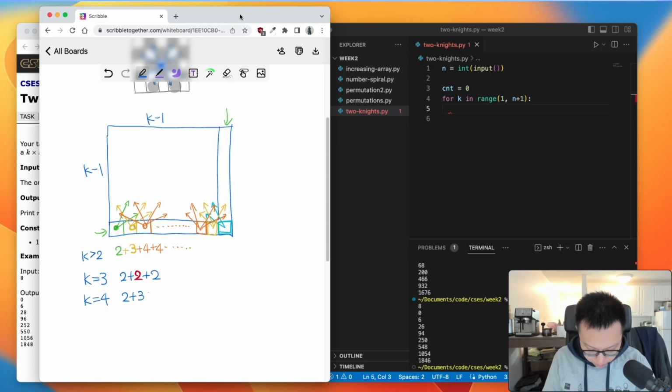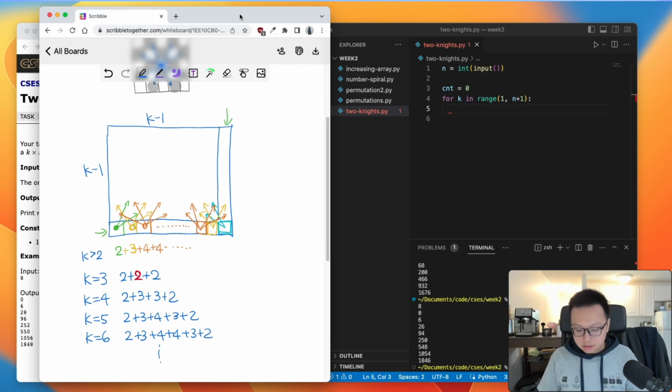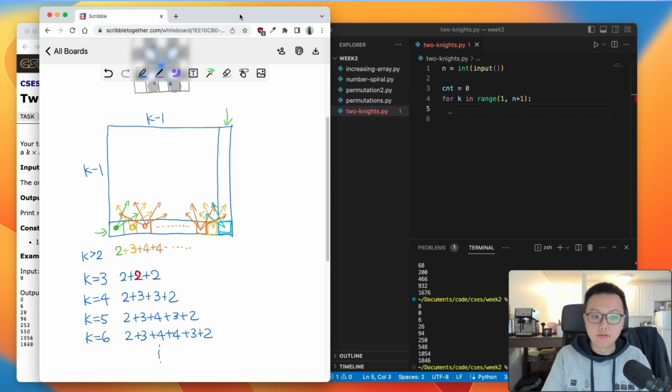When k equals 4, we have 2 plus 3 plus 3 plus 2. When k equals 5, we have 2 plus 3 plus 4 plus 3 plus 2, and so on. Starting from 6, we have all 4s in the middle. So now we can use this to count the new contributions of pairs of knights that attack each other whenever one knight is located on the last row.